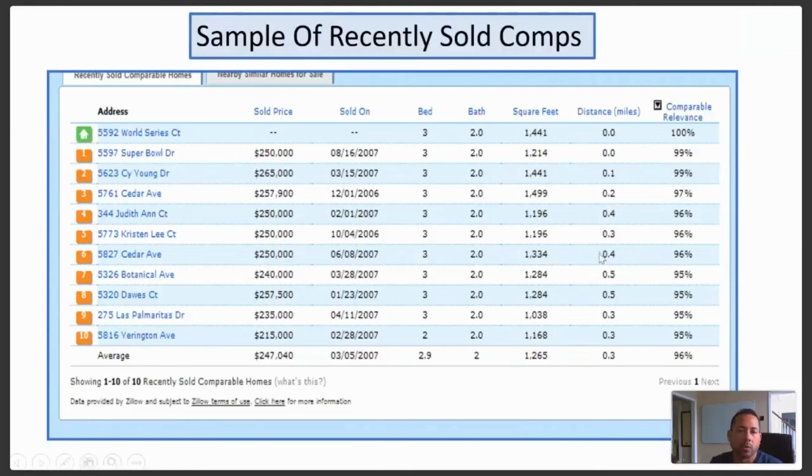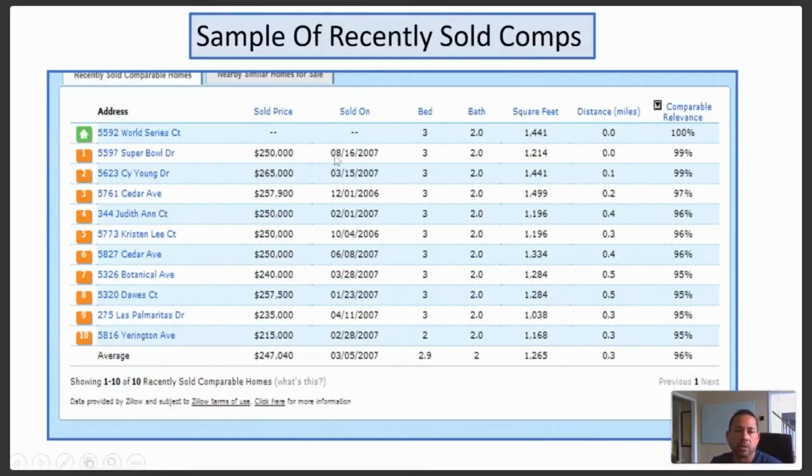With that being said, we know that this one sold for $250, this sold for $257.9, and this one sold for $265, the same exact one. So it's probably worth in the $265 number. That's kind of how I'm looking at all of them.